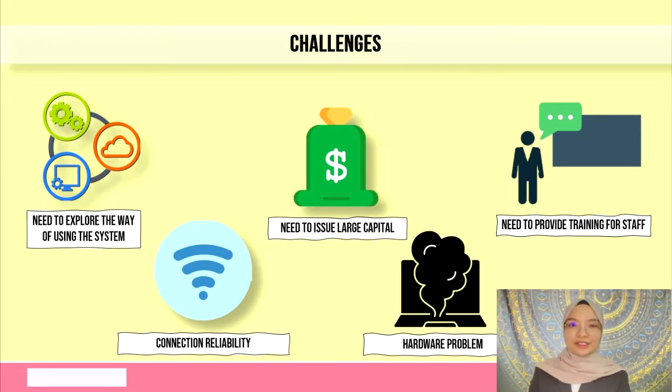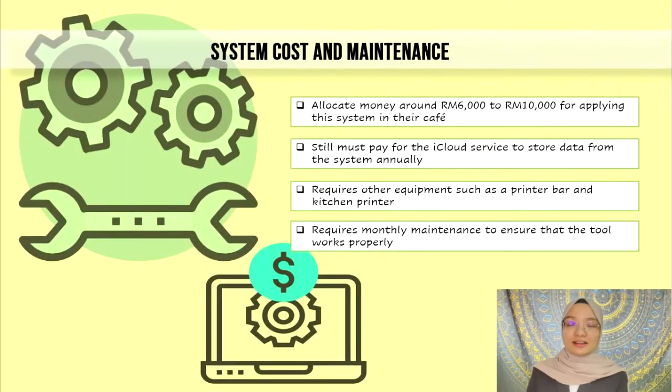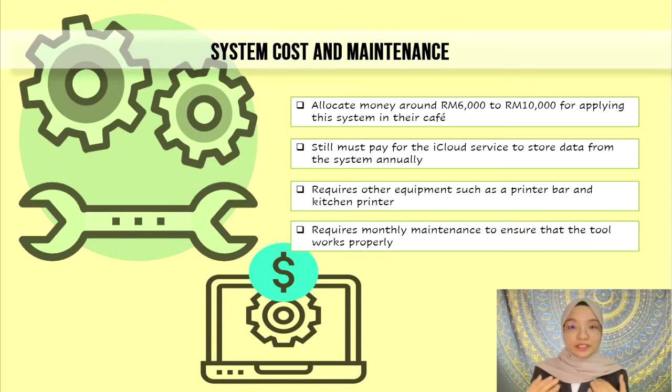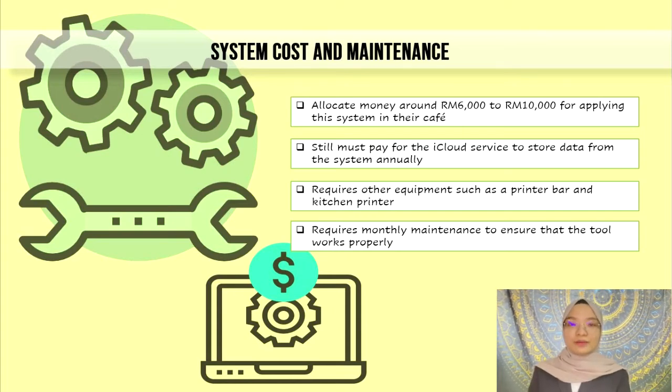Okay, now I'm going to continue about the cost and the maintenance. Like I said in the previous slide, every system we use in our business operation has its own maintenance and cost to make sure it works in good condition. So it's the same with the POS system. Based on our interview, this manager also stated that they allocate money around 6 to 10,000.